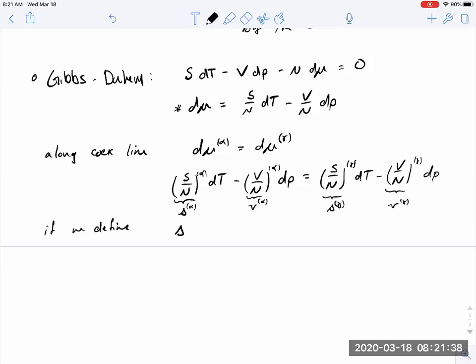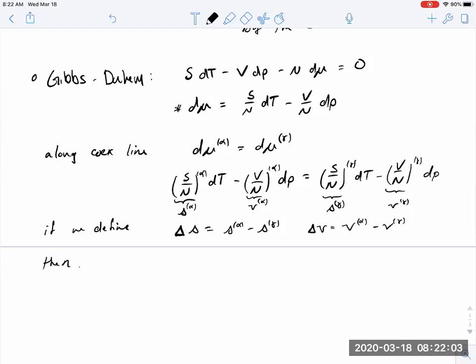And let delta S equal the entropy per particle for phase alpha minus the entropy per particle for phase gamma, and delta V be the corresponding changes in volume per particle.